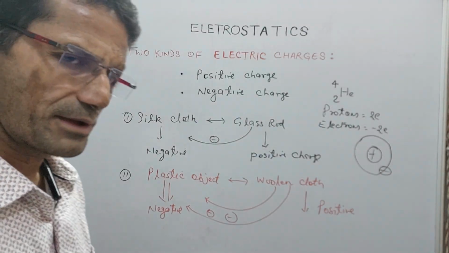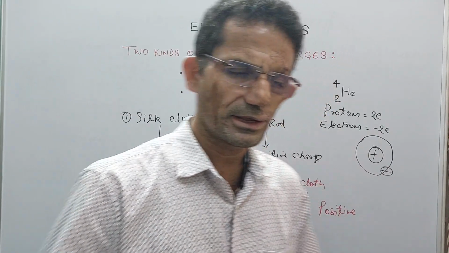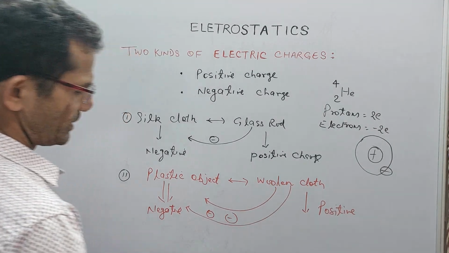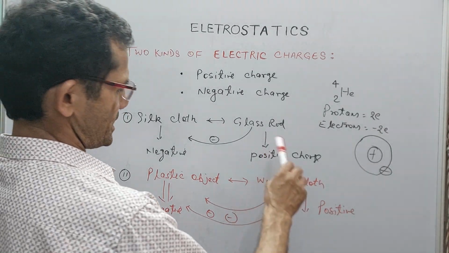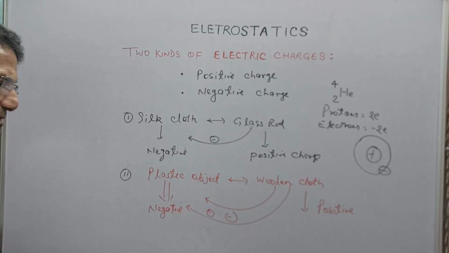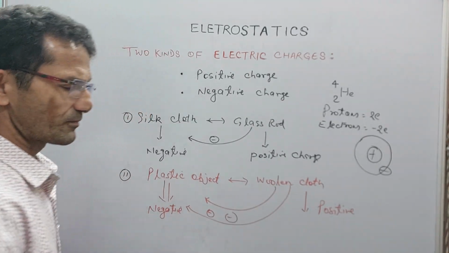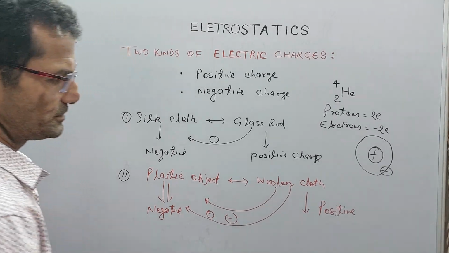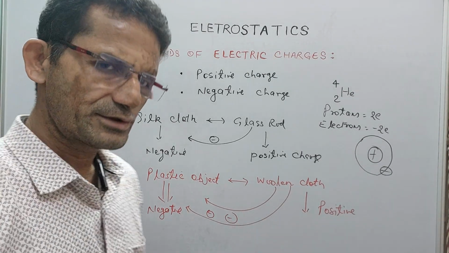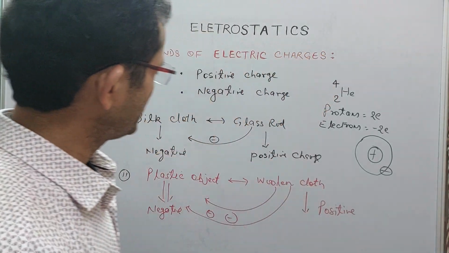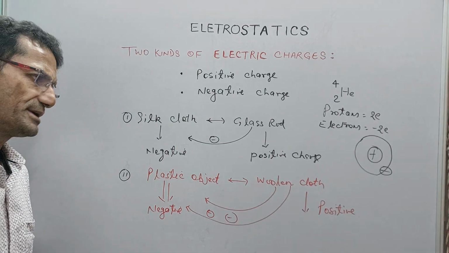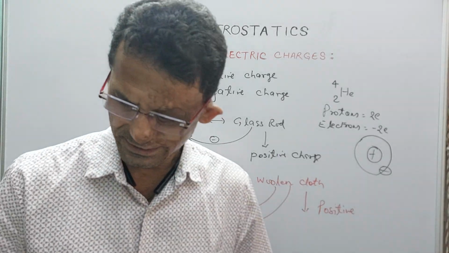So this is how we have transferred charge. We have not produced or created anything. Charge cannot be created, only exchanged or transferred. So here we have transferred electrons from one object to another. Is it possible that positive charges can be transferred also? Yes, it is possible, by conduction. With rubbing we cannot transfer positive charges, only negative charges.